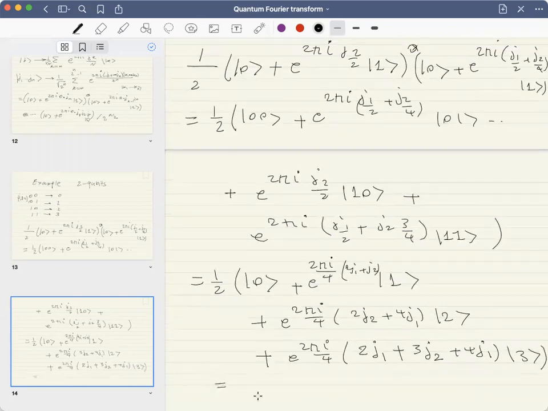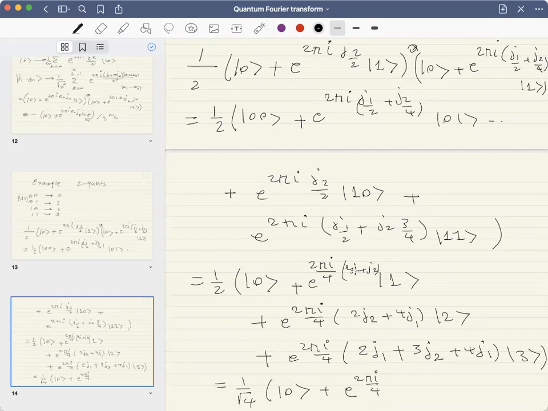So lo and behold, this is the standard Fourier transform that we were talking about. So that's 1 over, say, square root 4, right? I have a 4-dimensional space, and I have a 0 plus e to the 2 pi i over 4, capital N is 4, 2j1 plus j2 is just j, right?